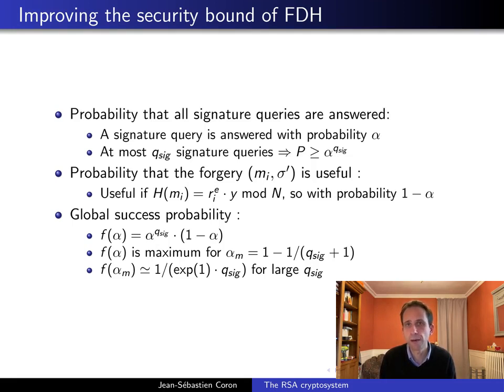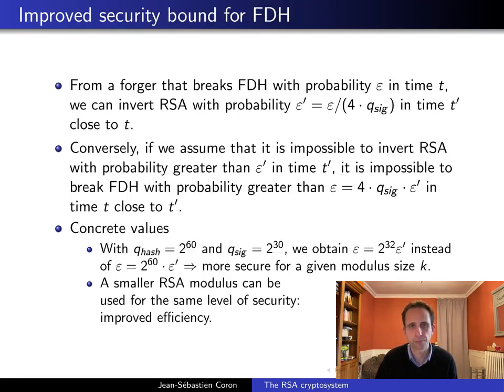And so we simply have to maximize this function, so we compute the derivative, and we see that there is an optimal alpha, which is 1 minus 1 over qsig plus 1. And then asymptotically, for large values of qsig, the optimal is roughly 1 over exponential of 1 times qsig. So it's roughly 1 over some constant times qsig.